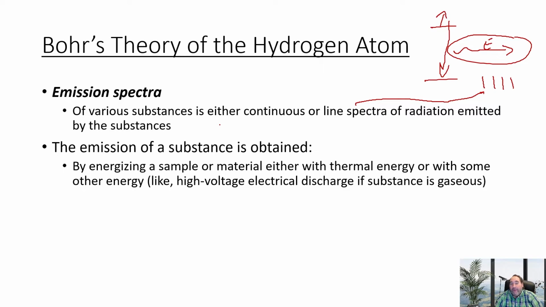So we think of a line spectrum as being a more quantized version, like that staircase example where we're either on this energy level or this energy level. You can think of a continuous spectrum as unlike a staircase.